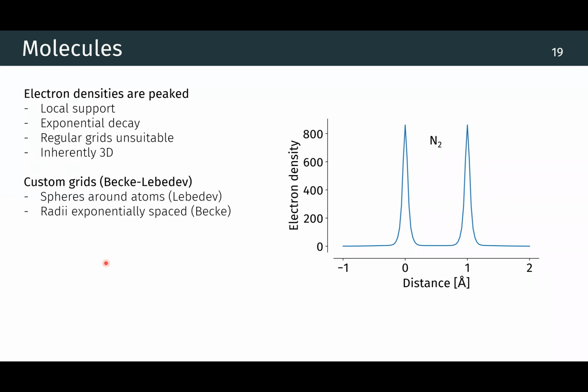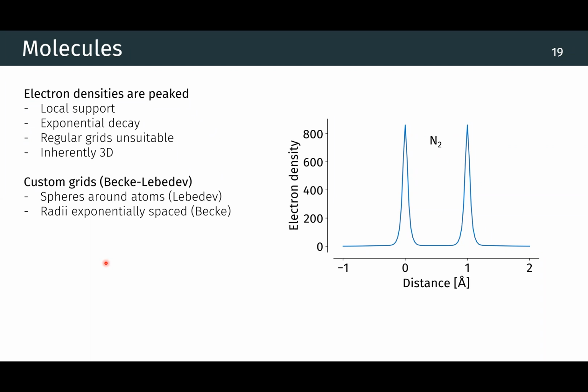They tick several boxes on the list of things that are bad for numerical integration. They are local. There's only electron density where you have a molecule. They decay exponentially, meaning they have a very steep slope, high gradient, which makes the error estimate worse.